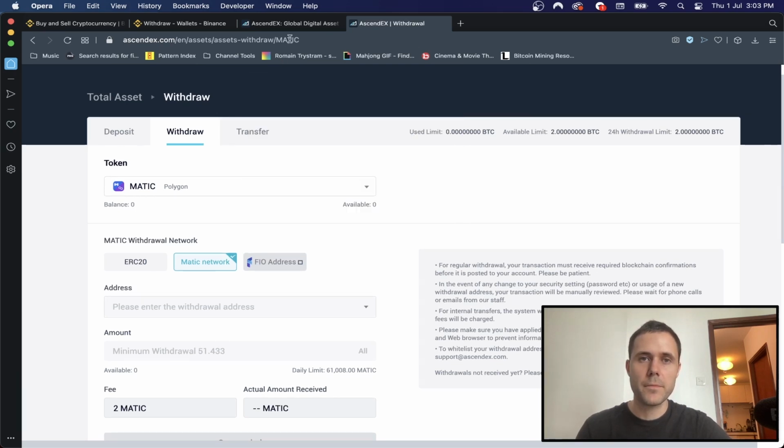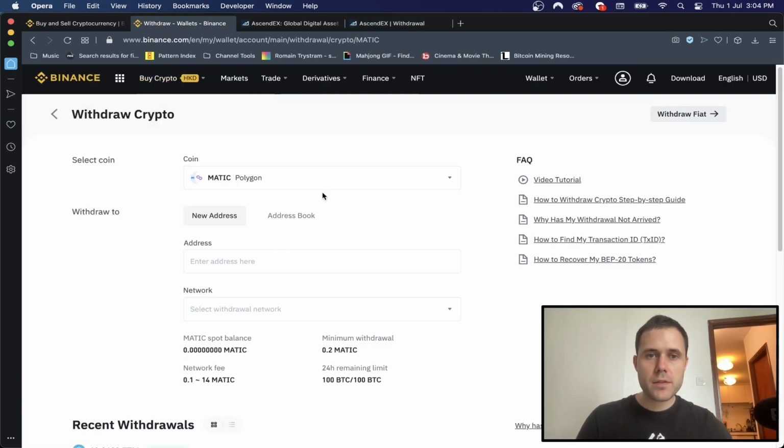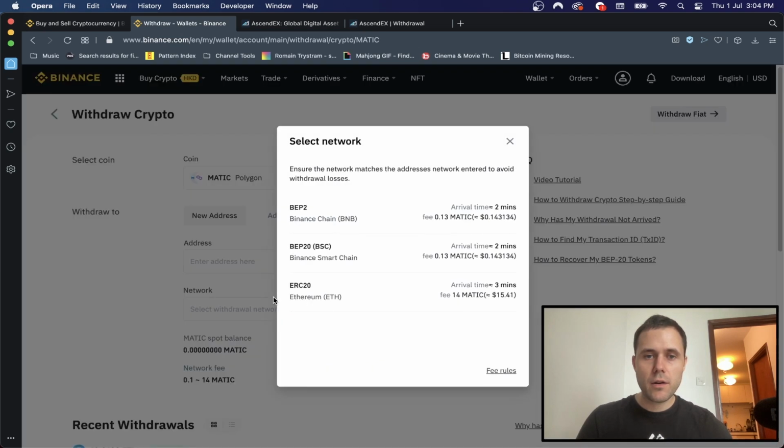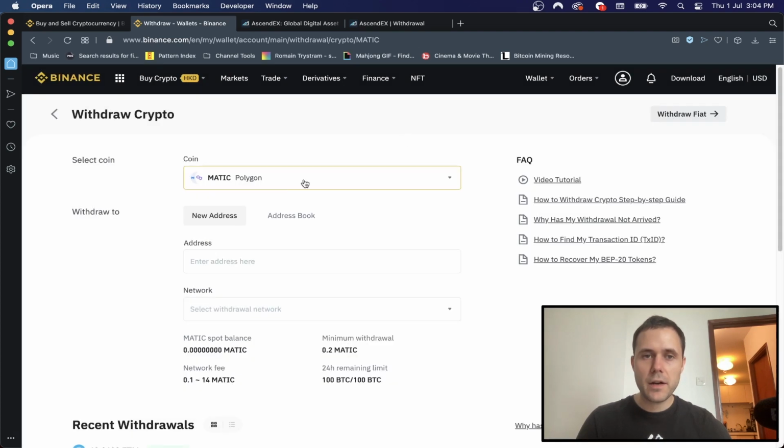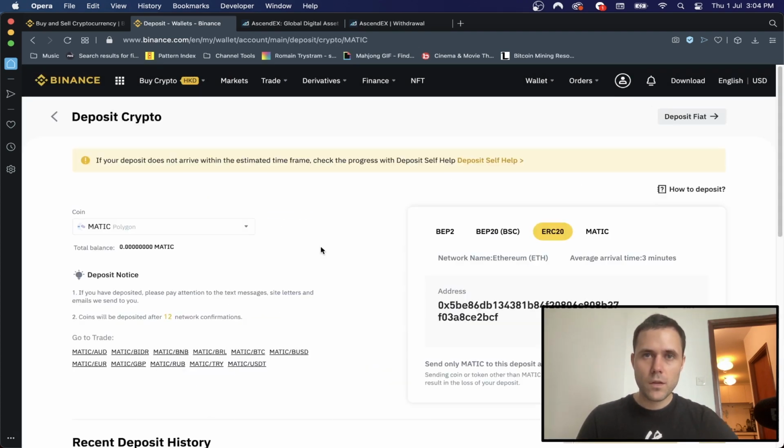is really cheap. Currently Binance is not offering Polygon Matic on-chain withdrawals yet, although they are allowing deposits. If we take a look at the deposit on Polygon Matic, we have got the Matic option. So this hopefully should be made much simpler once Binance offers Polygon withdrawals.